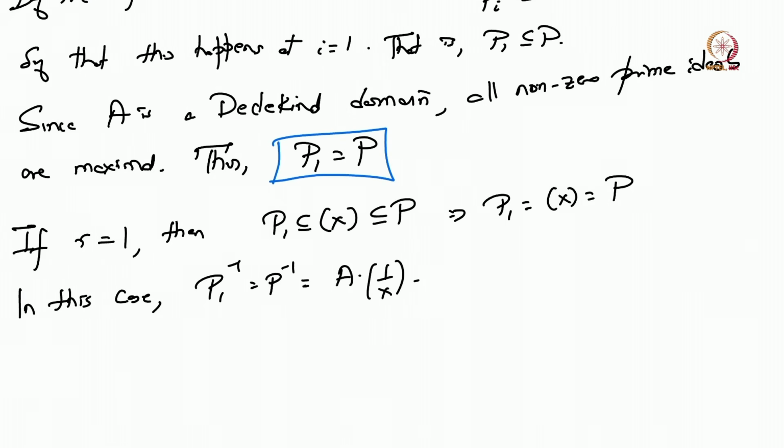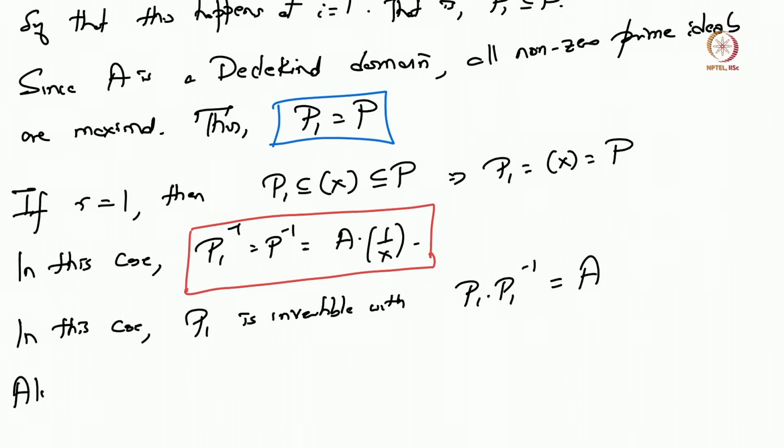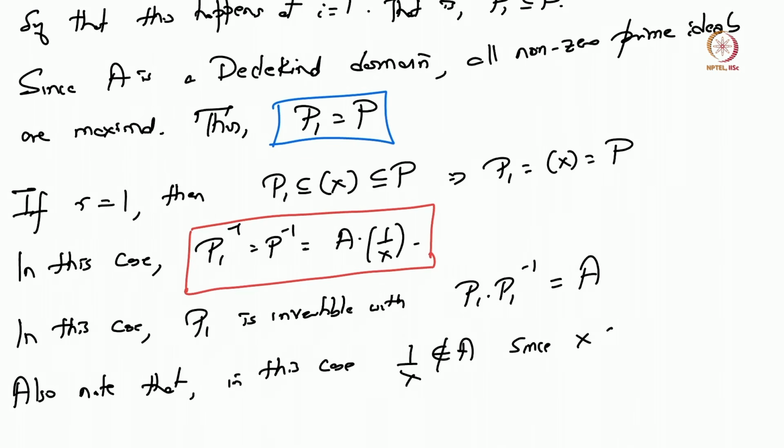Okay. So in this case, P1 is invertible with P1 times P1 inverse being A, where the choice of the inverse P1 inverse is given by the A module that's generated by 1 over x. And also note that in this case 1 over x does not belong to A, since x belongs to P, which is a maximal ideal.